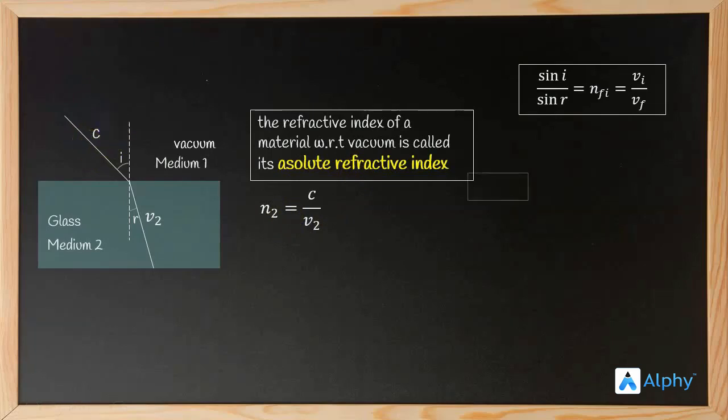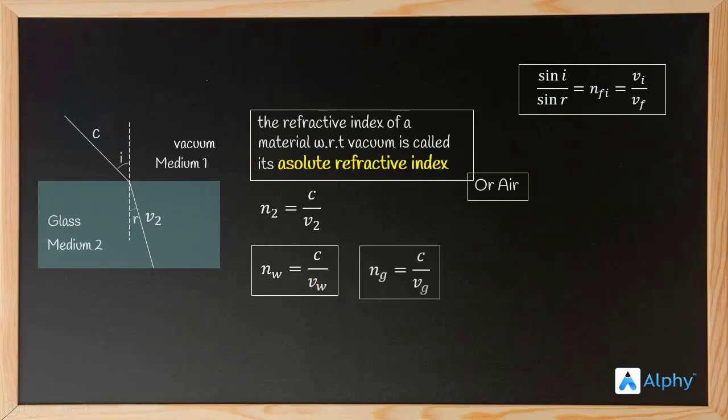So we can also say that the absolute refractive index is the refractive index with respect to air. This is not true, but for calculation purposes it is a very good approximation. So as an example, the refractive index of water would be speed of light in vacuum divided by speed of light in water. And similarly for glass, it would be speed of light in air, vacuum, divided by speed of light in glass.